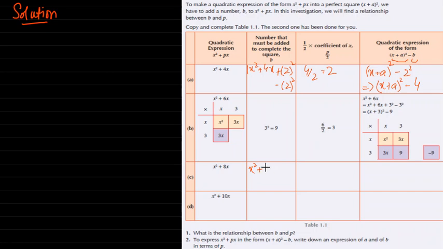So x square plus 8x, where 8 becomes 4 plus 4, right? So I write 4 square, add, and then 4 square, subtract.